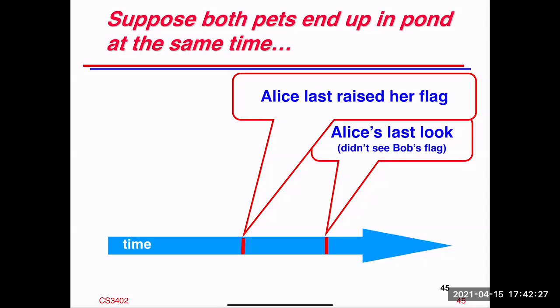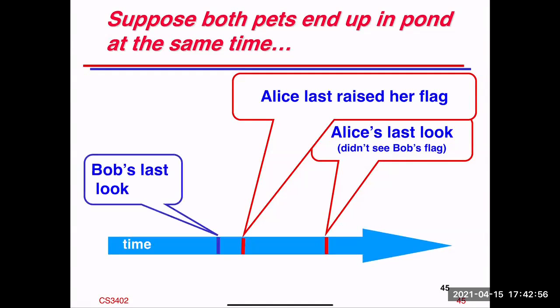All right. So when was the last time that Bob must have looked at Alice's flag? In this timeline. Exactly.